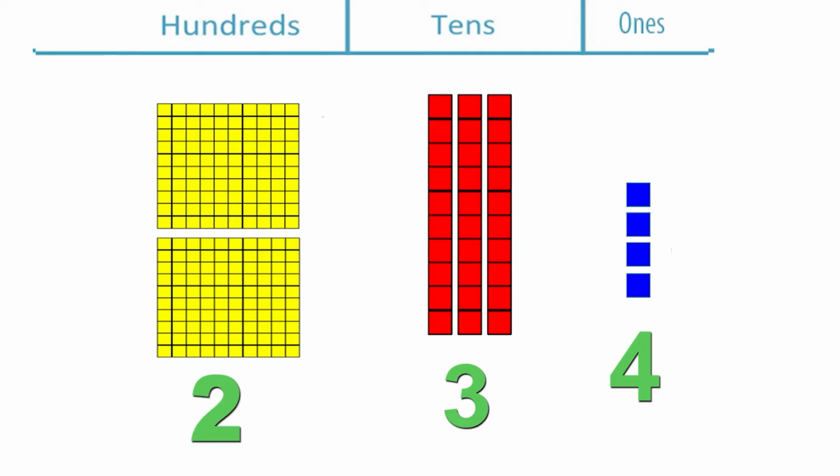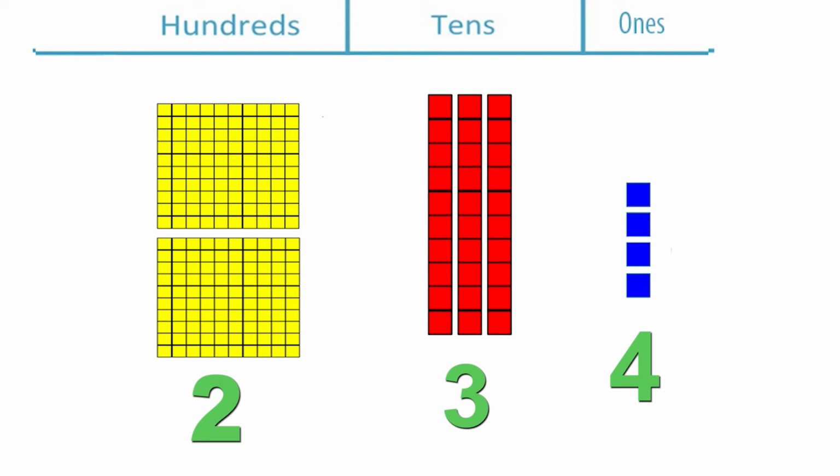2 of the yellow ones means 200. 3 red ones means 30. You can remember 1 means 10. So 10, 20, 30. And the 4 loose ones. So if we add all of these numbers together, we will get 234.